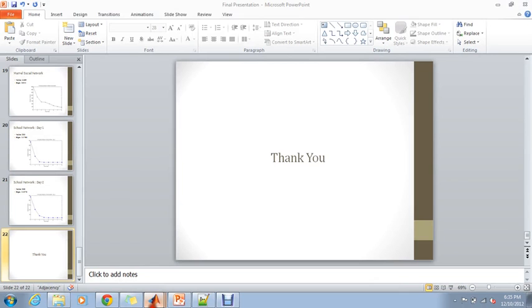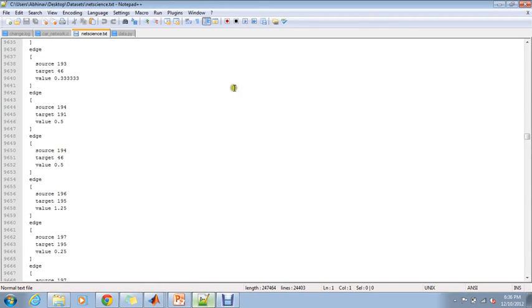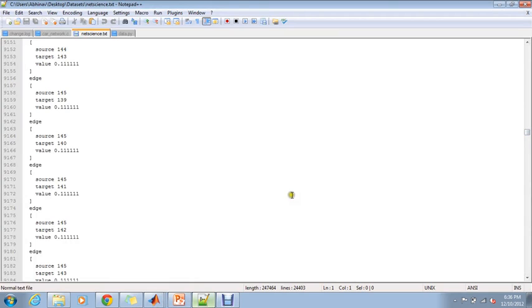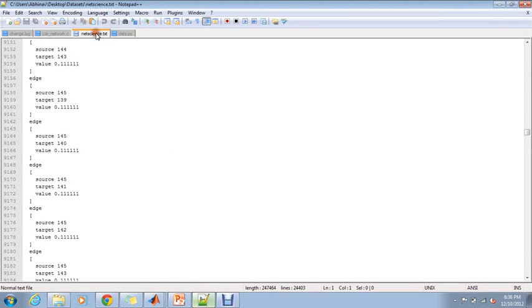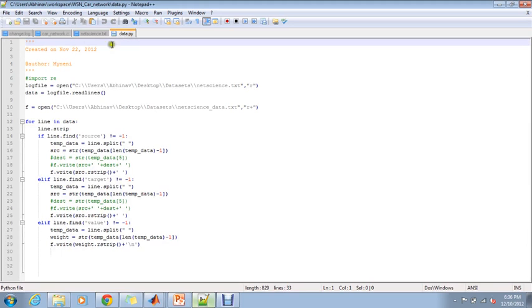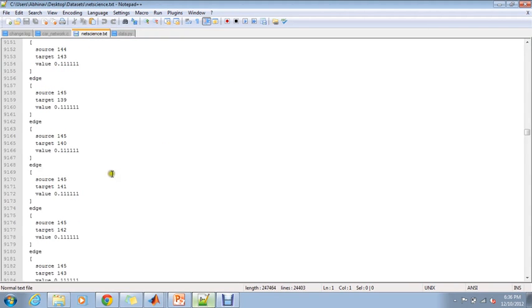Okay, now we will look at some of the simulations. The network data which was collected was in different formats. To get the mat files, a Python script has been written to parse through the text files and get the data.